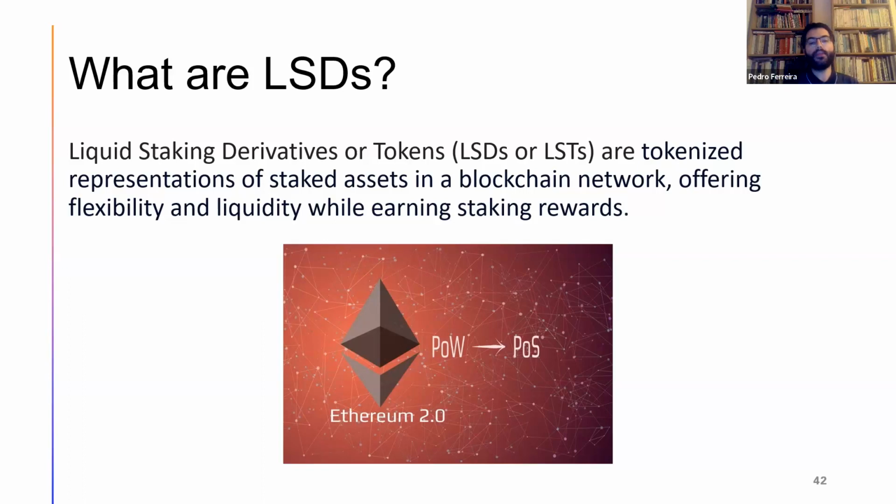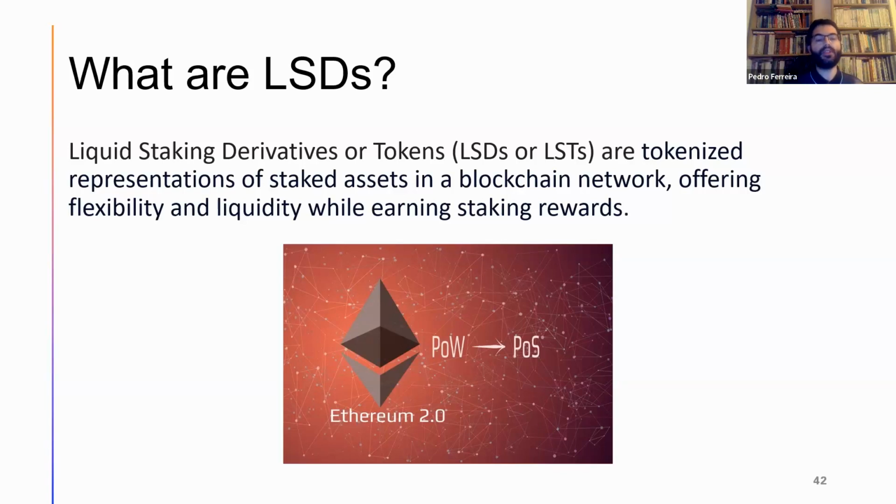Basically, when the network went from proof of work to proof of stake, instead of you receiving for approving transactions in the network, instead of you having to basically mine the transaction, do those expensive calculations through mining, etc., you move to a proof of stake system where basically to approve transactions, you need to deposit a certain quantity of assets. In the case of Ethereum, it is 32 Ethereum that you need to deposit.